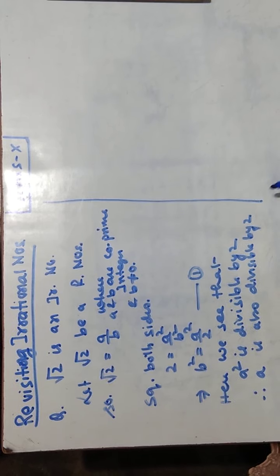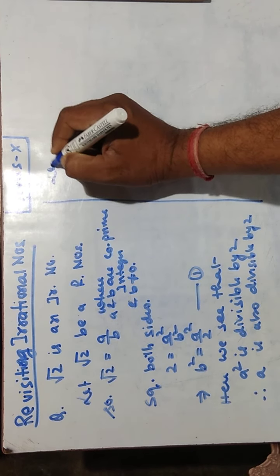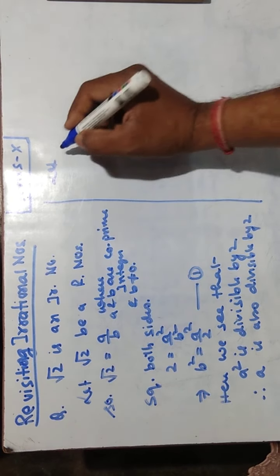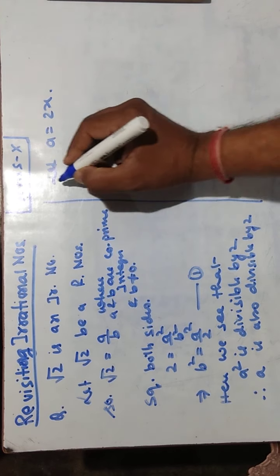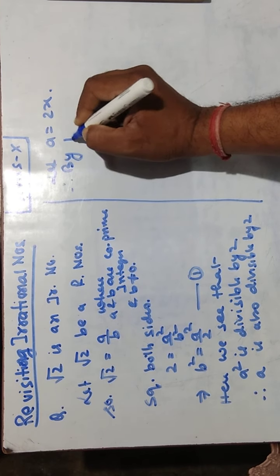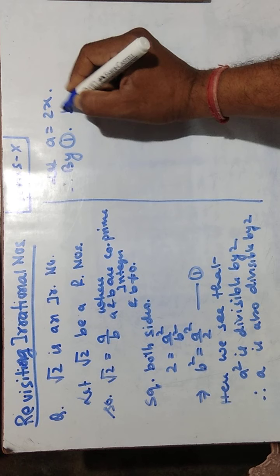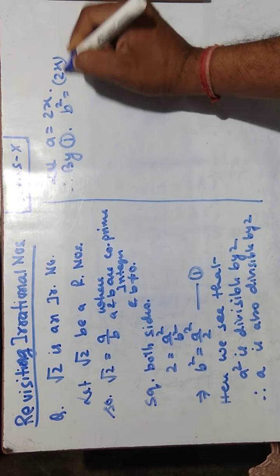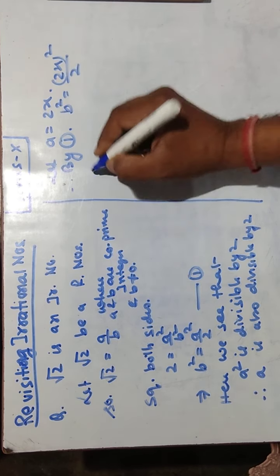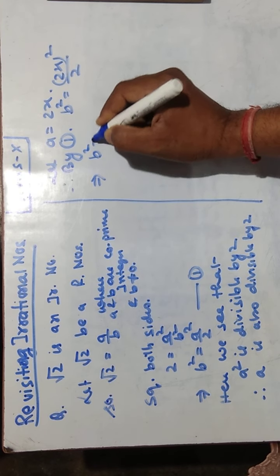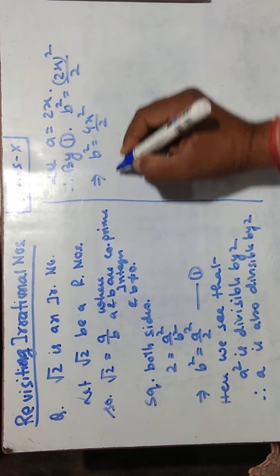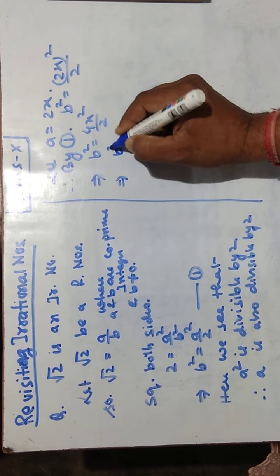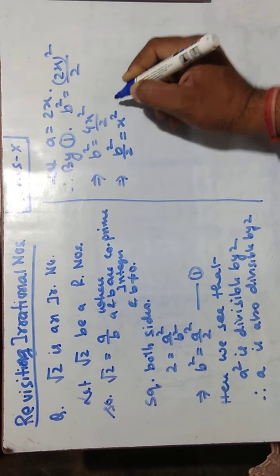Now let's assume that a equals 2x. Therefore by the first equation we can write b square equals 2x whole square by 2. So b square equals 4x square by 2, or b square by 2 equals x square.